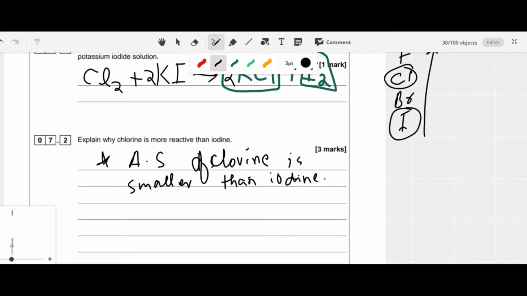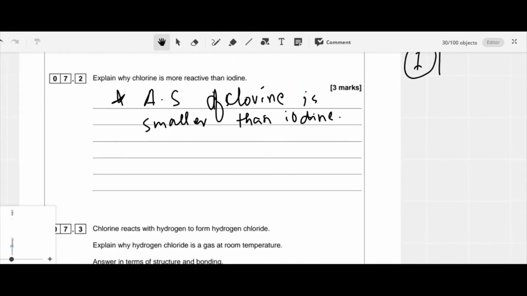Or you can say chlorine is more reactive because chlorine's outer electron is closer to the nucleus as compared to iodine.